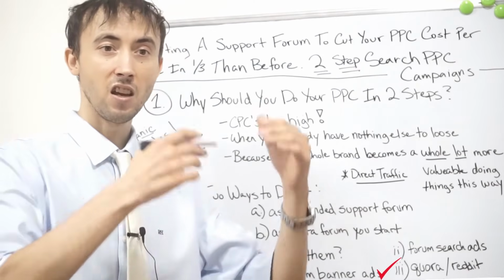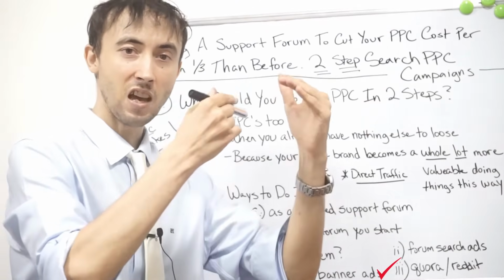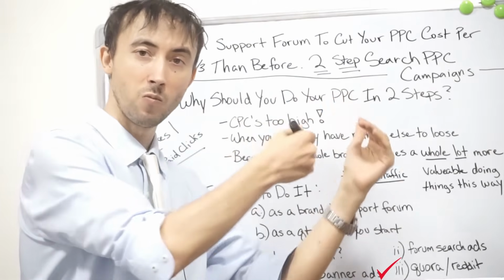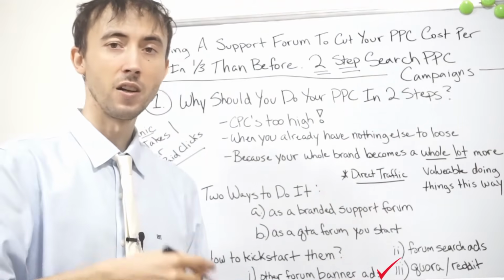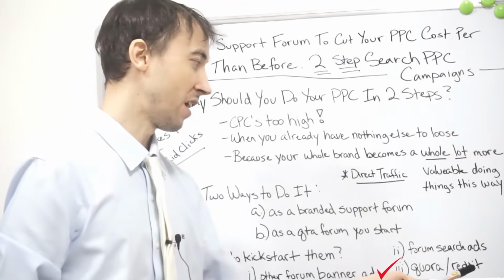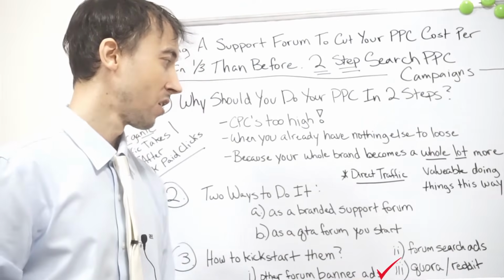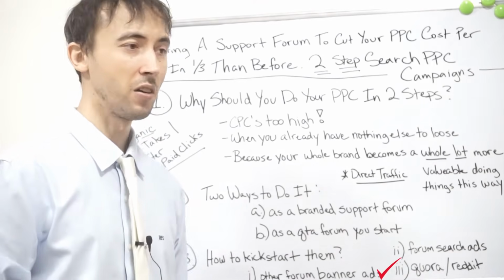So if you have a skincare site with a product for eczema, you could say, if you have questions about eczema, visit our eczema support forum or whatever. Same thing on Reddit. It may not get a penny per click, but you can still get it at around 10 cents a click there as well.